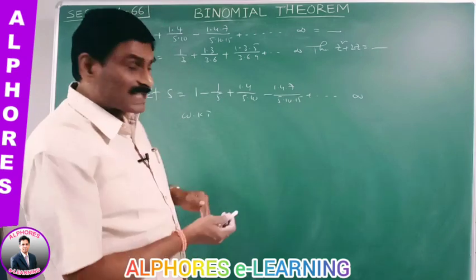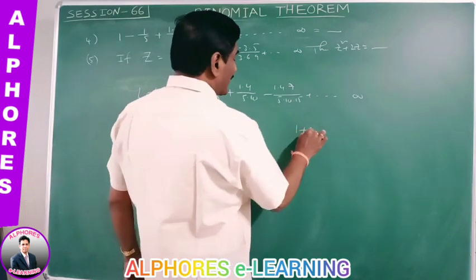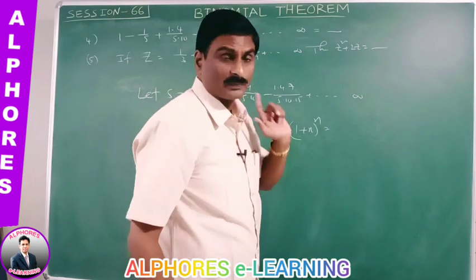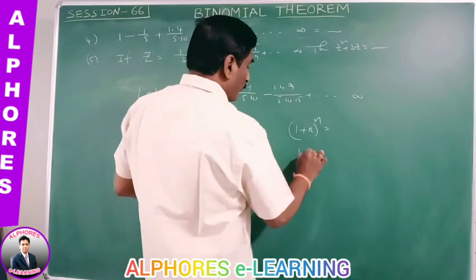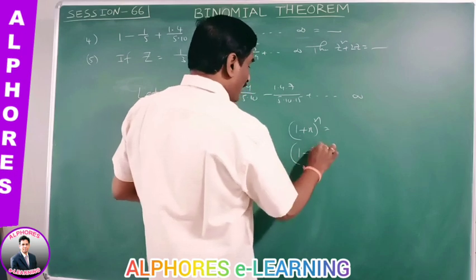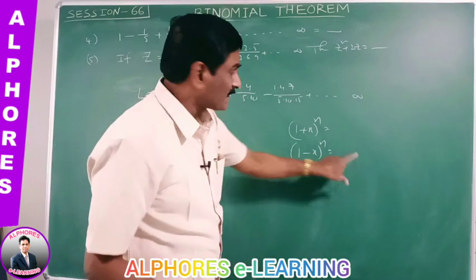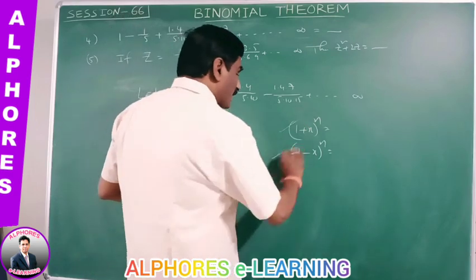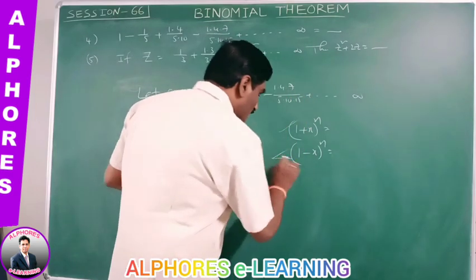Alternately plus and minus means we use this formula. (1 plus x) whole power n means all the terms are positive. Suppose in this way, (1 minus x) whole power n. In this case, we get alternately plus and minus. In the given value, it is alternately plus and minus. So, we must use this formula.